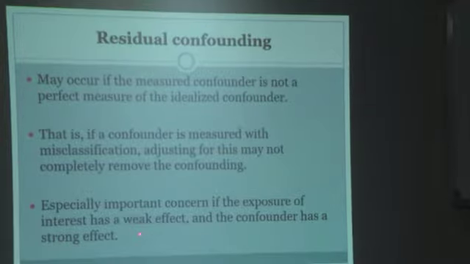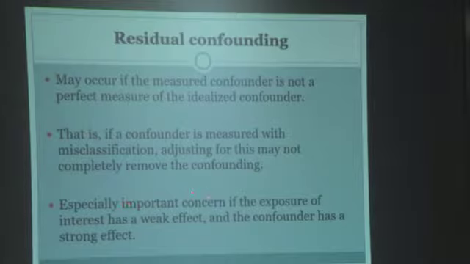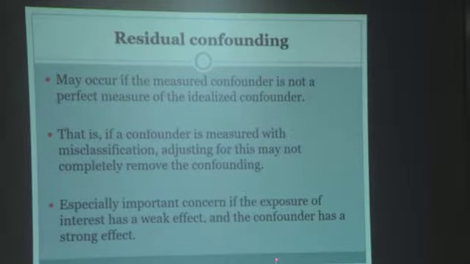But that 1.7 may be weaker than the relationship between, for example, being outdoor and having malaria, regardless of whether you're a man or a woman. So once the confounder is strongly related to either the exposure or the outcome, and yet the exposure and the outcome themselves are weakly related, you're likely to have residual confounding.